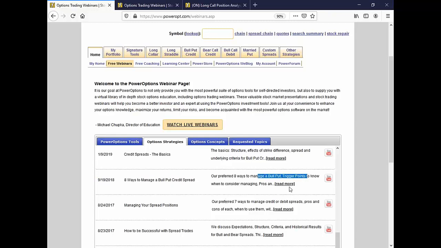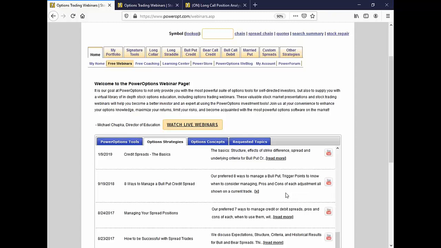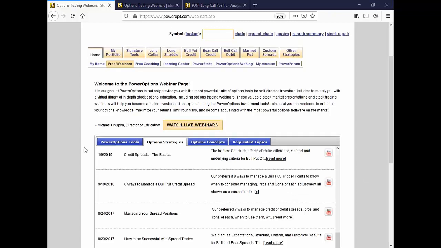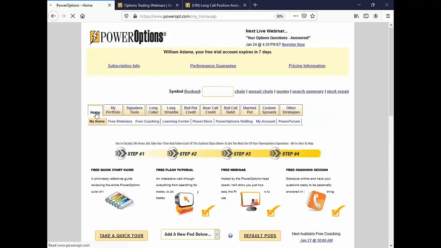There we talk about the trigger points, those 8 ways, more in depth than the review I just gave you. But now you've got an idea of, yes, there are ways to manage a credit spread, but you want to make sure before you get to the point of management, you have the correct trading plan in place. Position sizing, and you set your triggers based on what you would look to find in the credit spread positions.